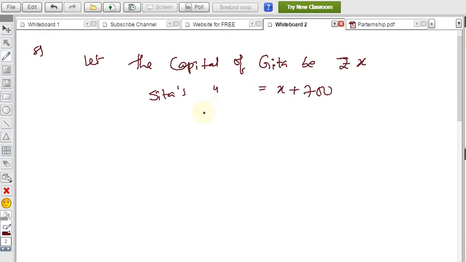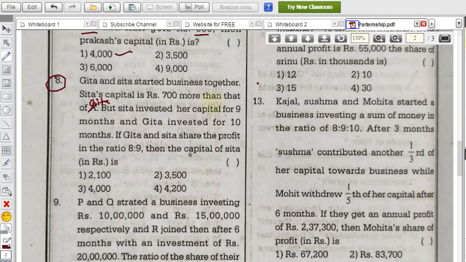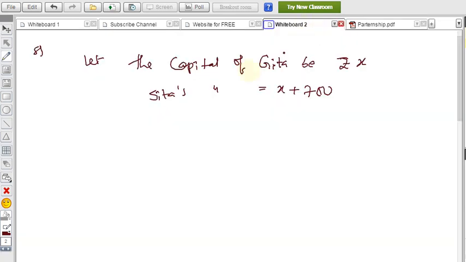Now the ratio. These are the capitals, but Sita invested for 9 months and Geeta for 10 months, and the time period also you should consider. Therefore, capitals into time periods.